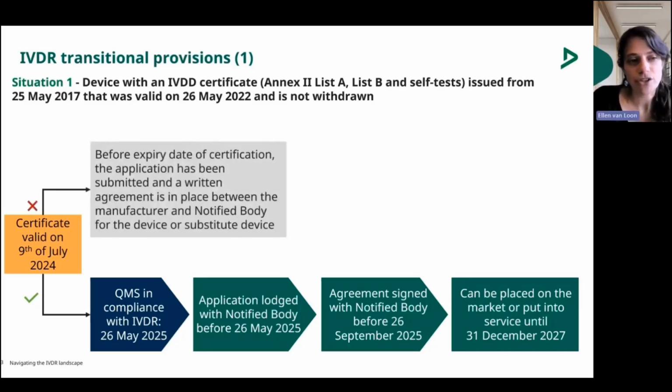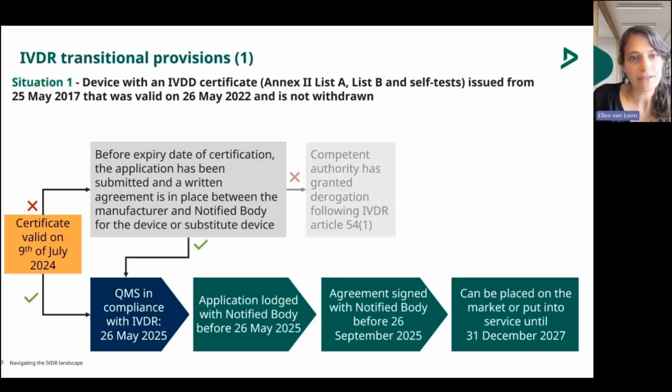If your certificate was not valid on the 9th of July, then before the expiry date of the certificate, you should have had an application and a written agreement at a notified body for the device or a substitute of the device. If that's the case, you can follow the below route. If that was not the case, then the competent authority should have granted a derogation following IVDR Article 54.